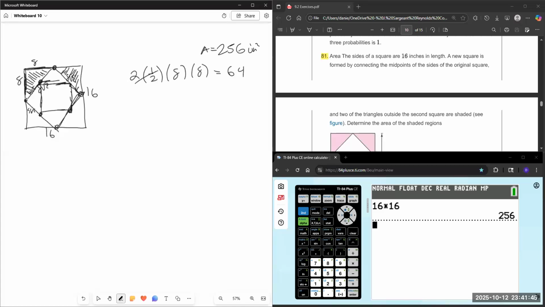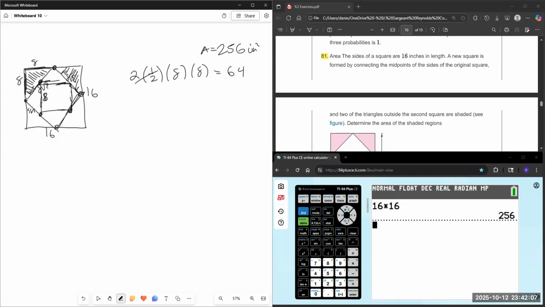So this side is going to be root 2 times that. This side is going to be 8 in here.